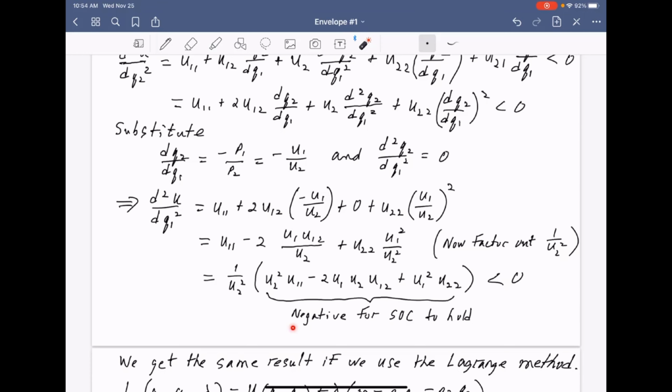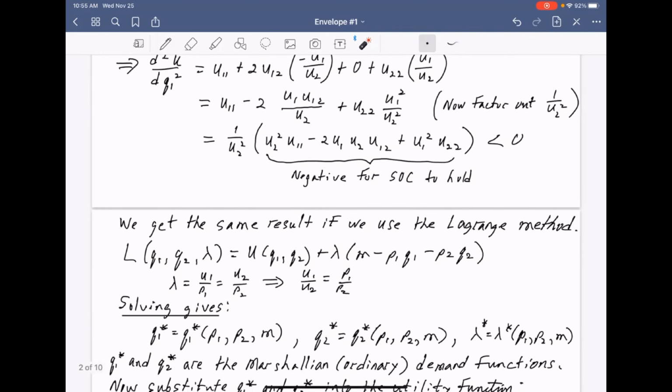And again, this must be negative for the second order condition to hold, which has to be that the second derivative of the utility function with respect to Q1 has to be less than 0. And why does that have to be negative? Well, this term 1 over U2 squared is positive.